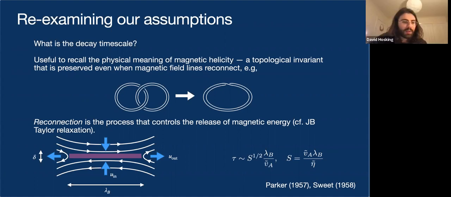I guess that's basically the same statement, but I think it's the case that as you make the resistivity smaller and smaller, as you make the Lundquist number larger and larger, the amount that you change the helicity during every relinking goes to zero. It's not just a statement of some of them make it larger, some of them make it smaller. Actually, when you get yourself into this asymptotic regime, you preserve the helicity.